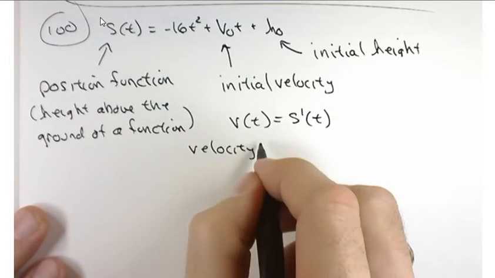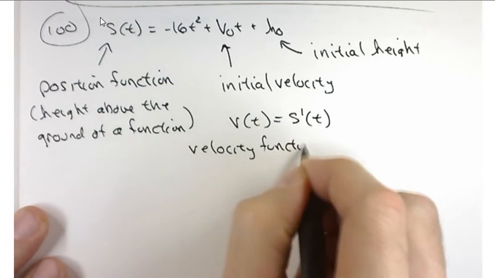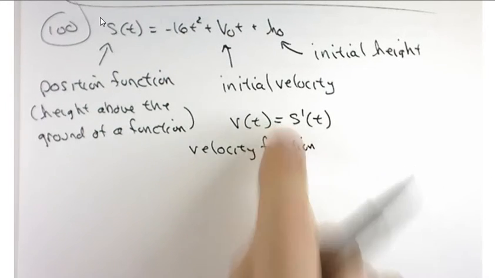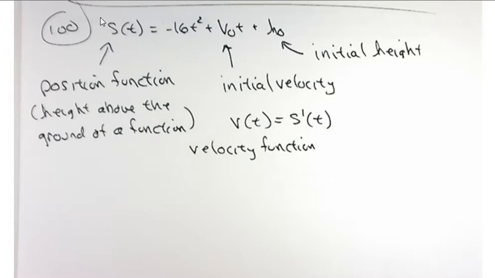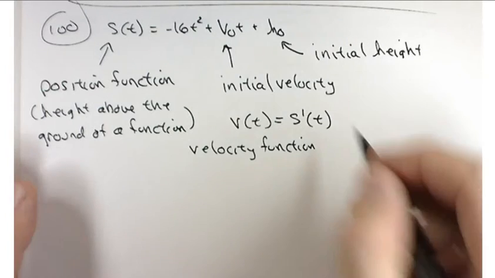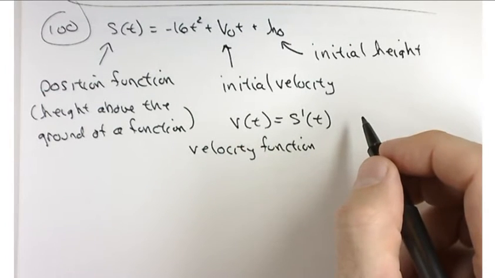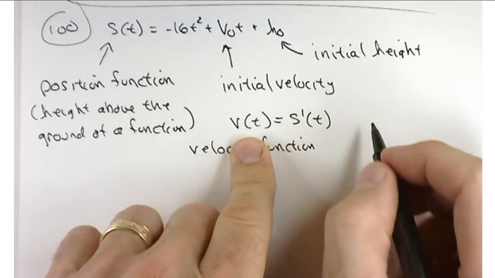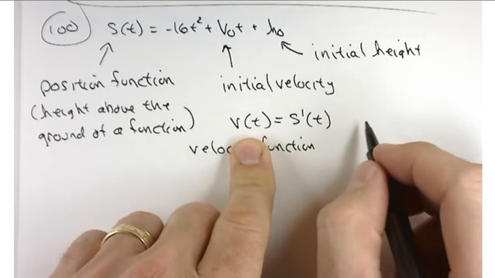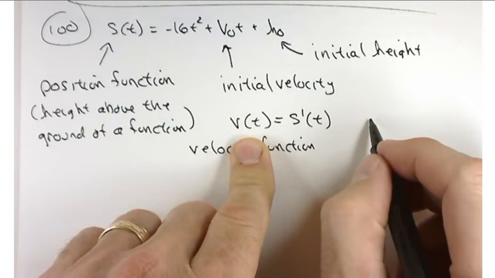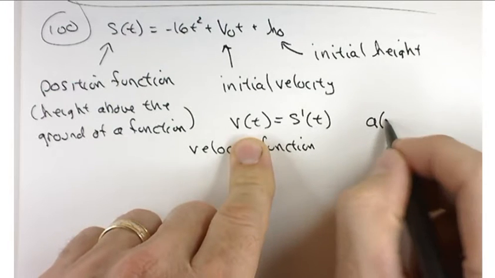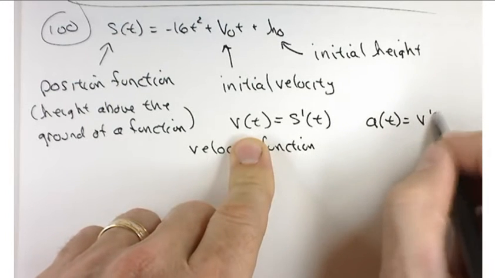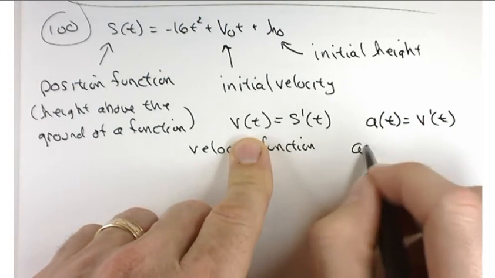That measures the rate of change of the position. How fast are you falling? What happens if you change your rate of speed? What are you doing when you change your rate of speed? You're accelerating. So a of t is going to be v prime of t. That's your acceleration function.